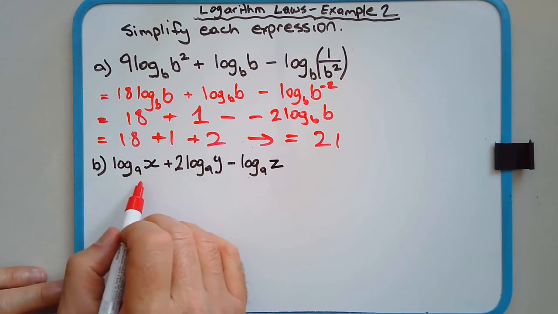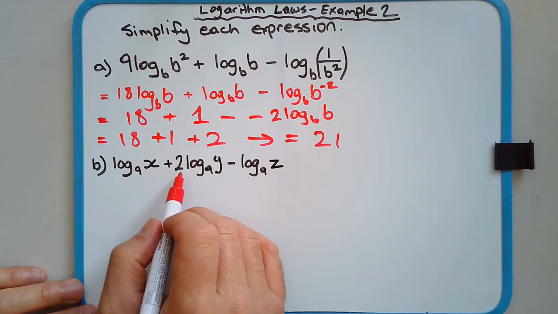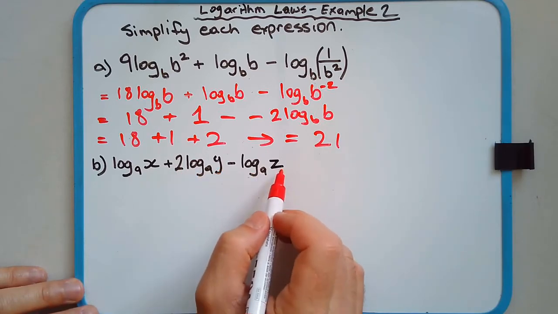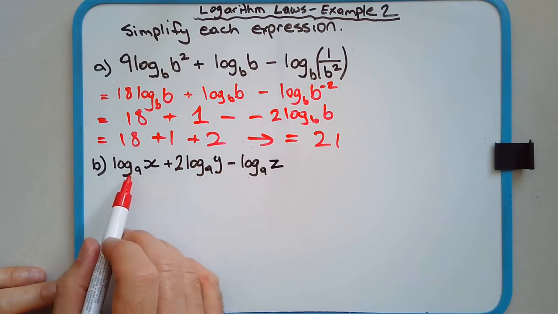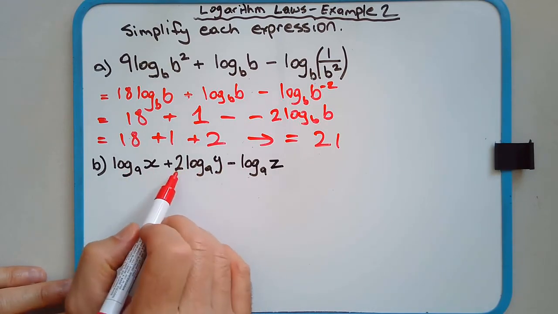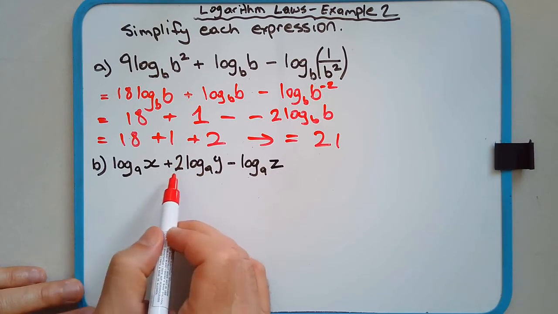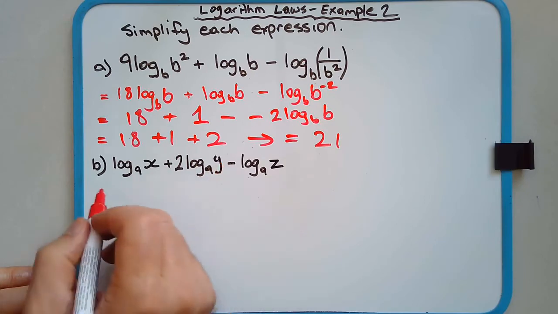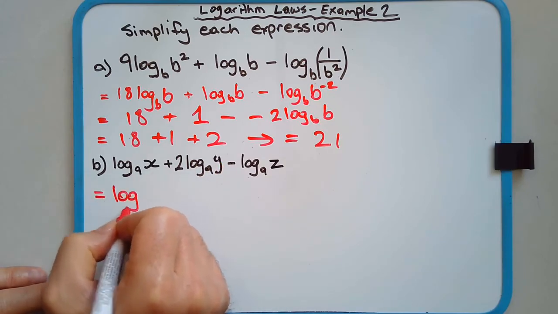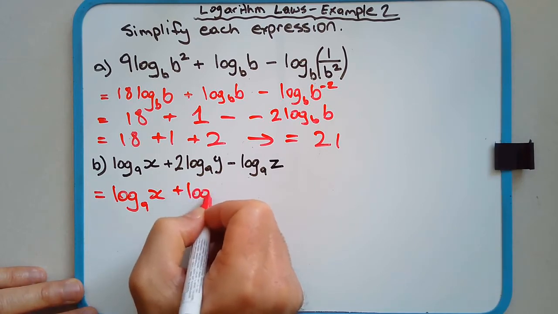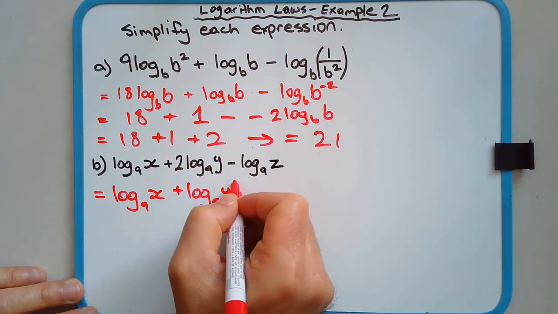Part B: log base 9 of x plus 2 log base 9 of y minus log base 9 of z. Now, for the first two terms, we can't apply log law number 1 unless this 2, that's in front of the log base 9 of y, is back inside the logarithm. So let's do that first. Log base 9 of x plus log base 9 of y squared.